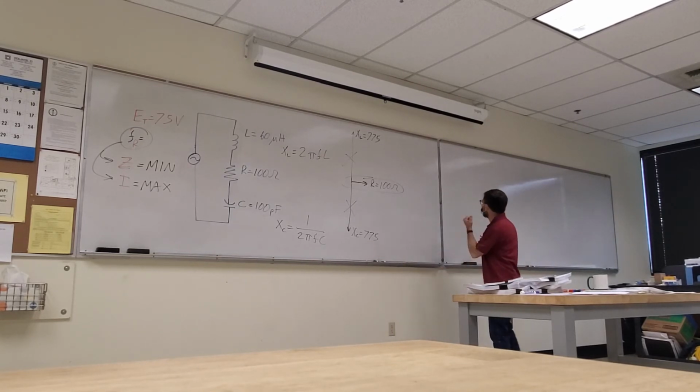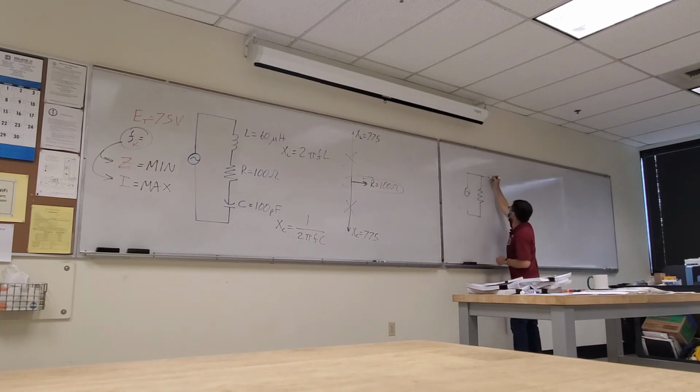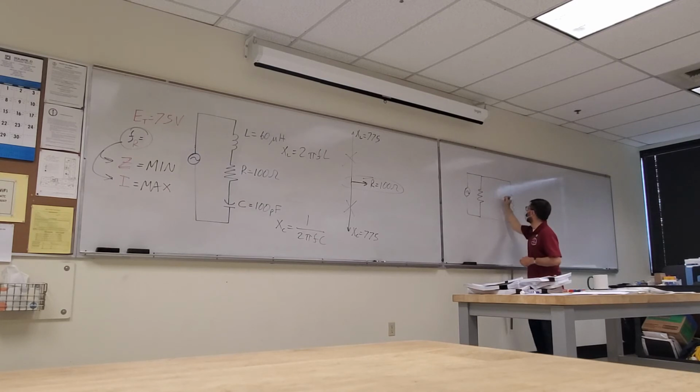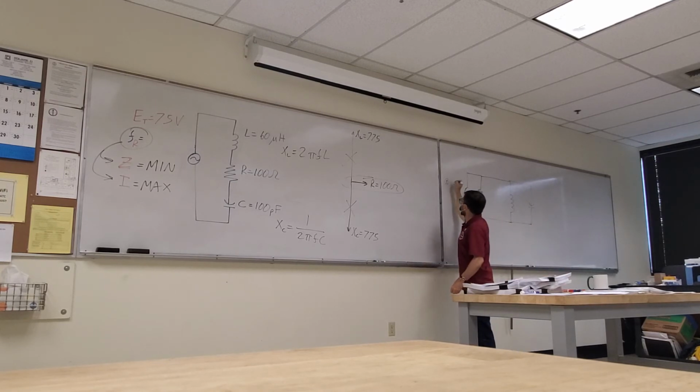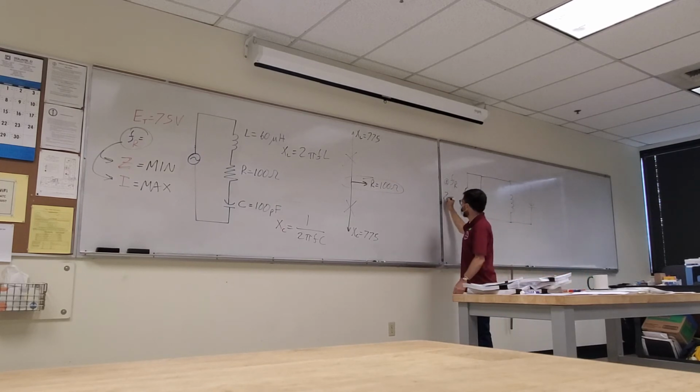But if I go picture format with a series RLC circuit at resonant frequency, we're looking at Z, which is the total circuit value, and IT.